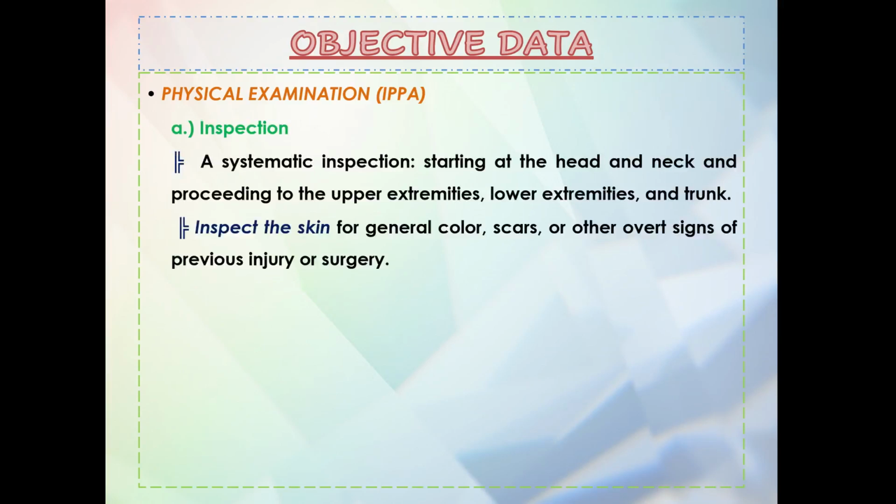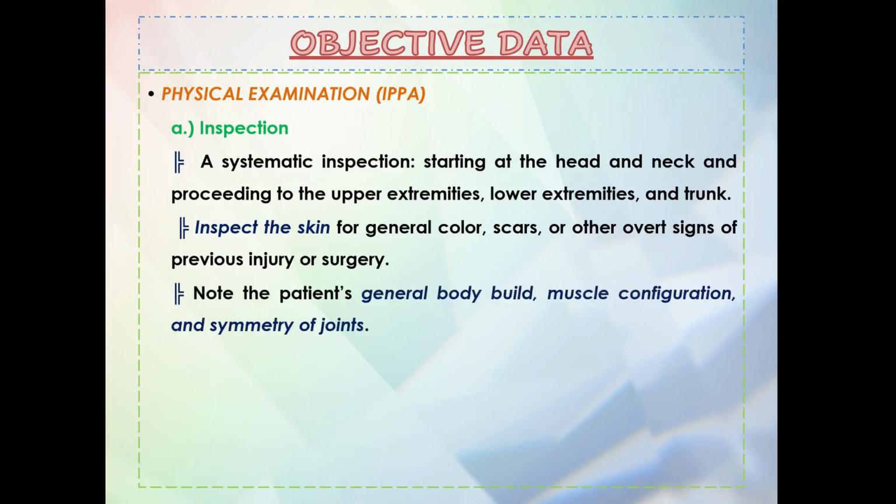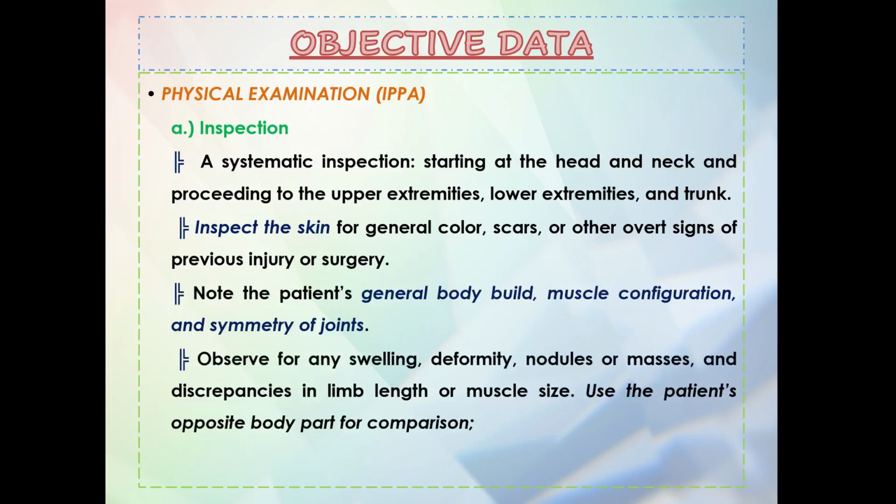So inspect the skin for general color, scars, or other overt signs of previous injury or surgery. And then note the patient's general body build, muscle configuration, and symmetry of joints. So when we talk about symmetry, compare natin yung two body parts for any differences and similarities. Observe for any swelling, deformity, nodules or masses, and discrepancies in limb length or muscle size.